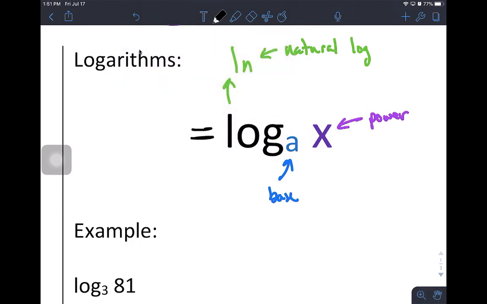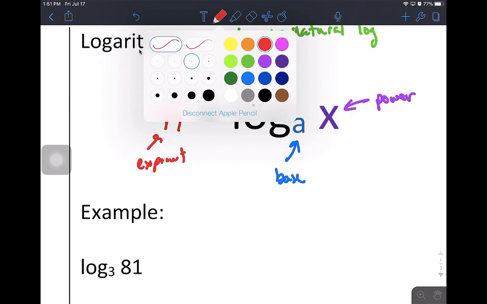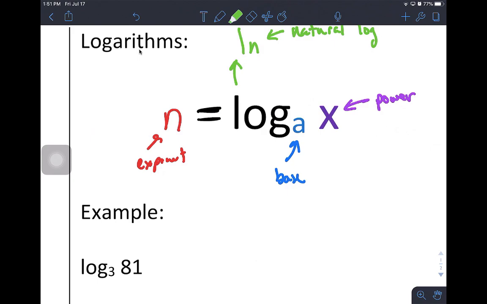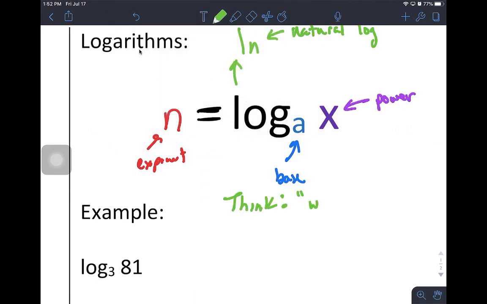So when you see this whole statement, you need to think, what exponent of this base, of this a, gets a power of x?